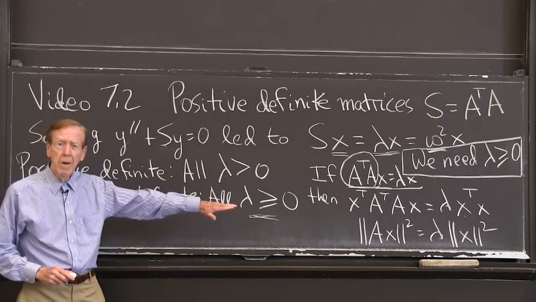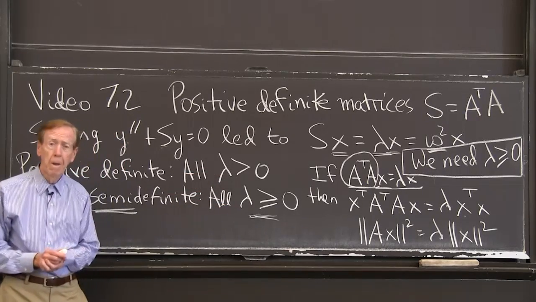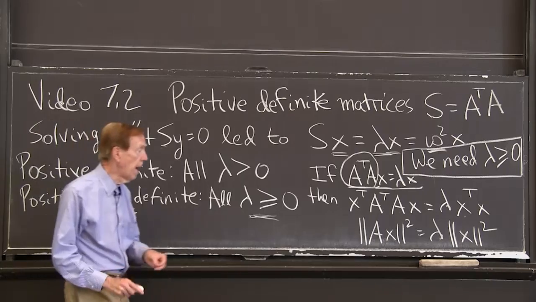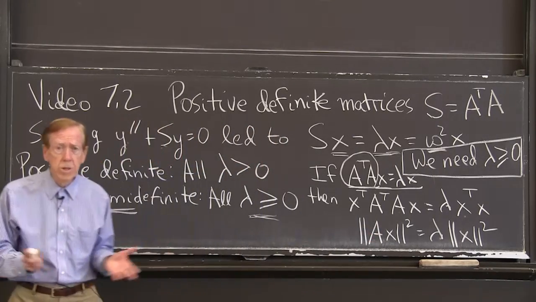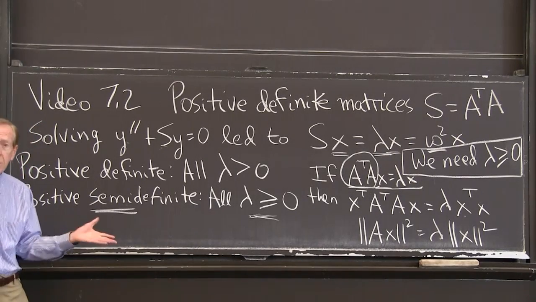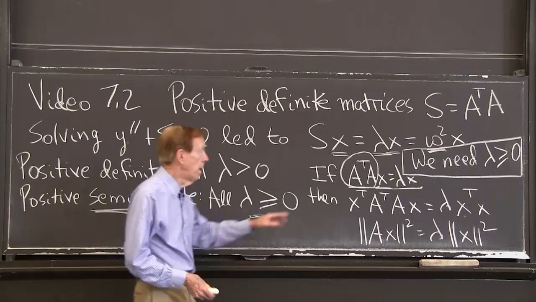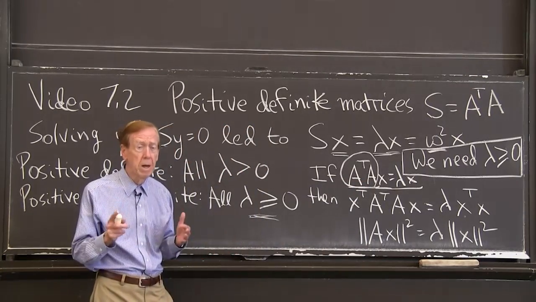So if I want to move from semi-definite to definite, then I must rule out Ax equals 0, because that's certainly a possibility. I mean, if I took the 0 matrix, all zeros, A transpose A would be the 0 matrix. That would be symmetric.